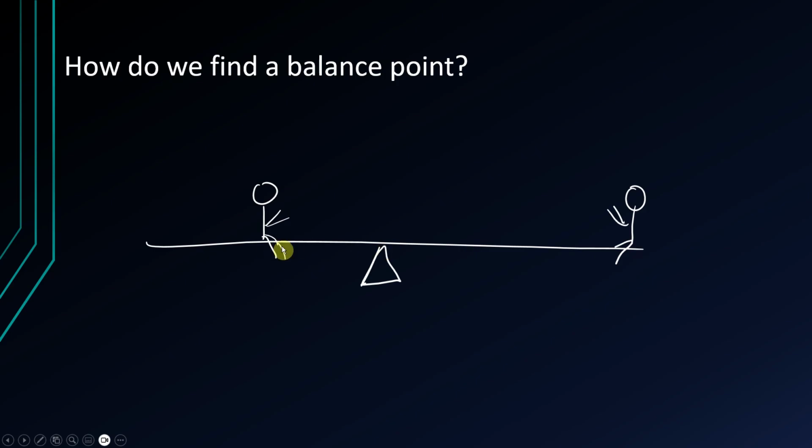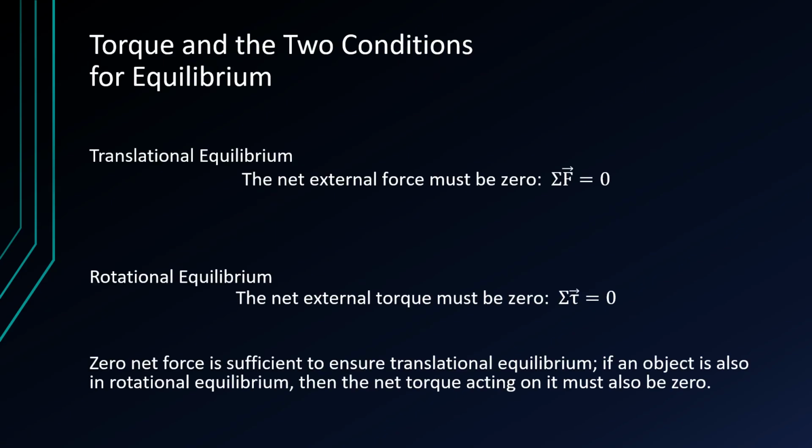In this situation, it would be the weight of the two people on this little seesaw teeter-totter. Well, in translational motion, we know that an object is in equilibrium whenever the summation of forces is equal to zero. Same idea happens with torque. An object is going to be in rotational equilibrium whenever the external torque is equal to zero. So to find the balance point, we would use the summation of torque is equal to zero.